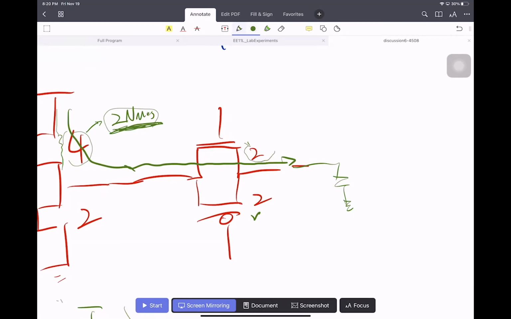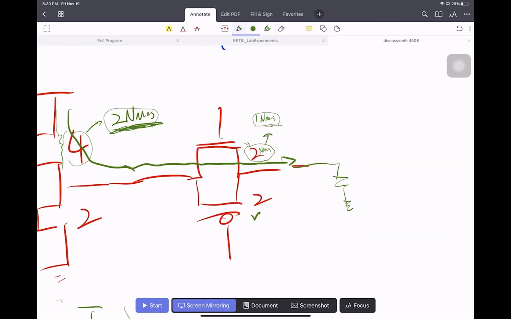So the size of 2 NMOS actually works as the size of 1 NMOS normally, because it's in a weak condition, like the resistance of it should be doubled. Like for the size of 2 NMOS, the resistance is 1/2 R equivalent N. But if it's doubled, it's 1/2 times 2, that is 1 NMOS.